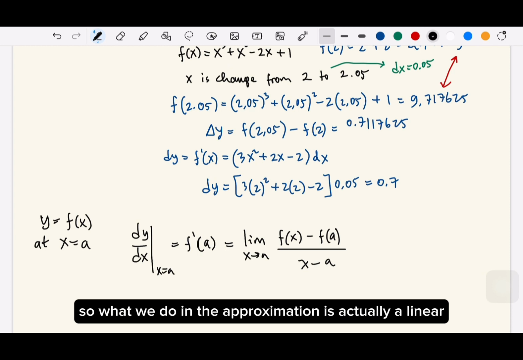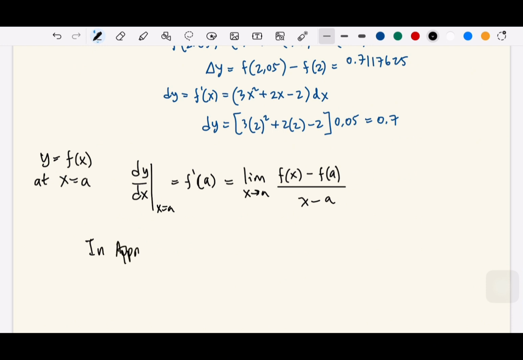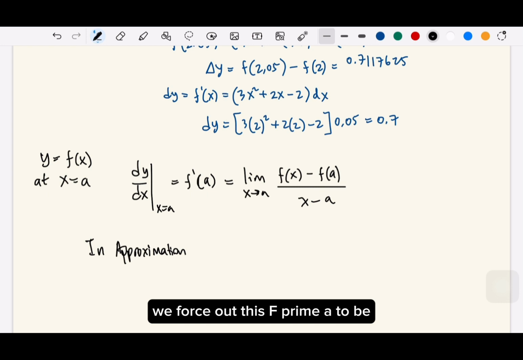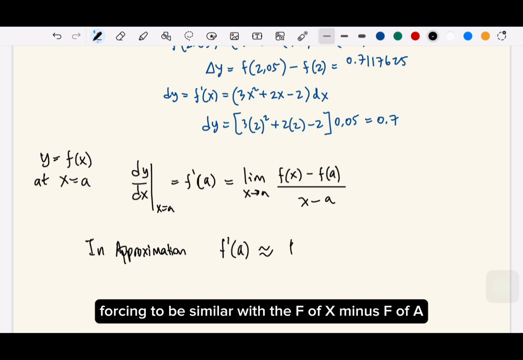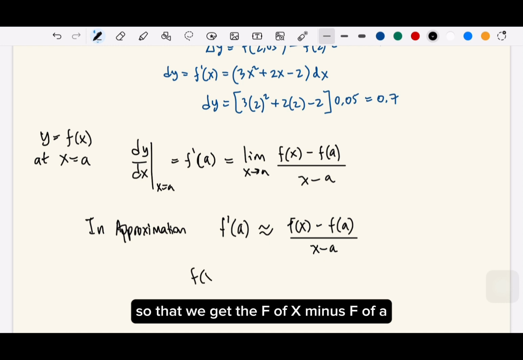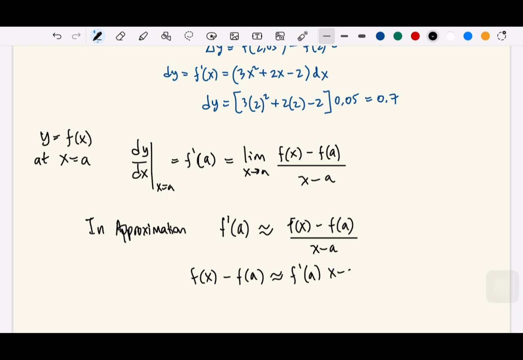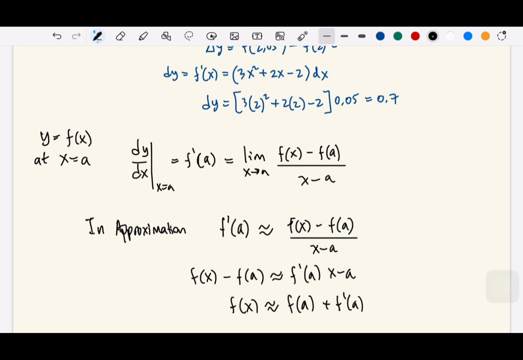So what we do in the linear approximation is that we force this f prime a to be similar to f of x minus f of a, so that f of x minus f of a approaches this, which finally gives you the same components of your linear approximation.